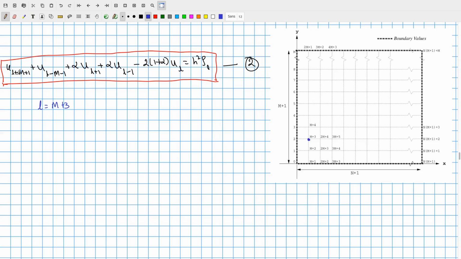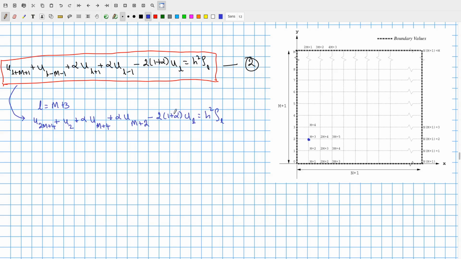If you write down this equation for m plus 3, it is going to become u of L equal to m plus 3: u of 2m plus 4, plus, when you put back this m plus 3 here, u of 2, because m plus 3 minus 1 becomes 2, plus alpha times u of L plus 1, that is m plus 3 plus 1, u of m plus 4, plus alpha times u of L minus 1, L minus 1 means m plus 2, minus 2 times 1 plus alpha times u of L, equal to h square into rho of L.